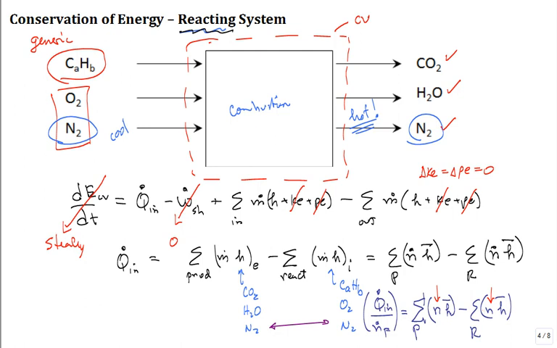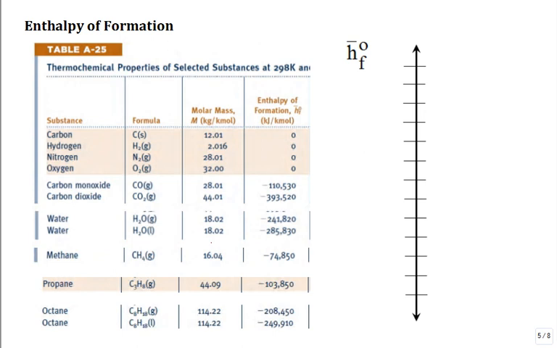Well, I need to calculate those enthalpies. So what we have is we want to calculate the enthalpy of, let's say, carbon dioxide. The way you calculate the enthalpy of the carbon dioxide on a molar basis is get the molar enthalpy of formation of that carbon dioxide and then evaluate the change in the enthalpy from the reference condition where it was evaluated, 298 Kelvin, to whatever temperature that we're interested in.